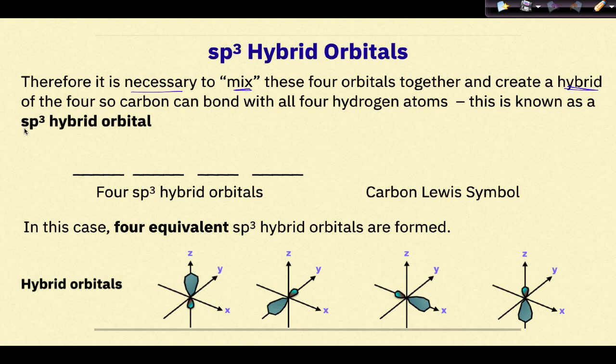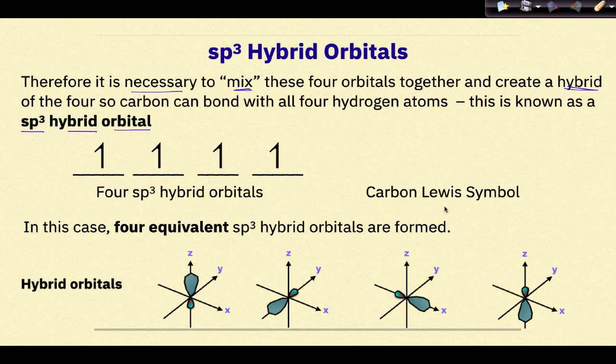This is known as an sp3 hybrid orbital. So we're going to take those 4 electrons, the 1 electron from 2s and the 3 electrons from 2p, and we're going to combine them together in 4 sp3 hybrid orbitals. So 1, 2, 3, 4.